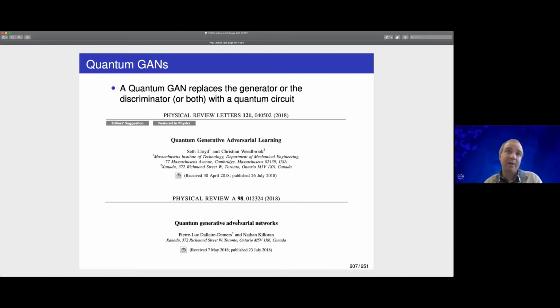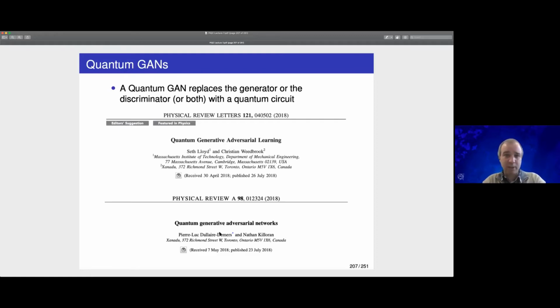There have been several different proposals of what is a quantum GAN, a quantum generative adversarial network. You see here two of the first papers that were published on this topic, and you see that the publication date is very, very close, and there are several other different proposals for what is a QGAN.